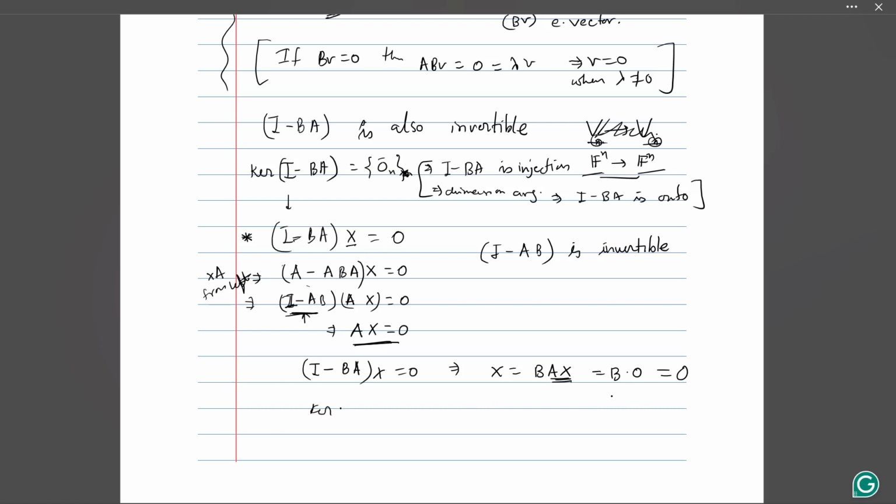So anything in the kernel of I minus BA is 0. So the kernel of I minus BA is trivial. This implies I minus BA is injective and surjective also. So invertible.